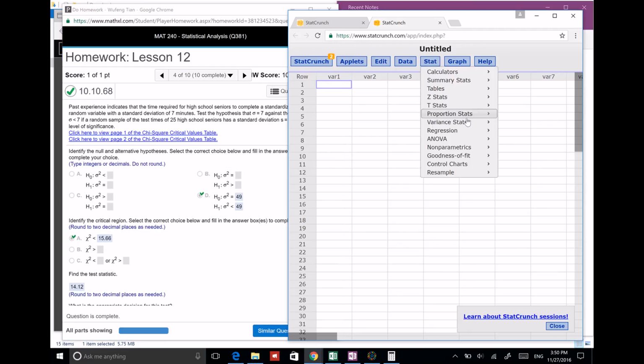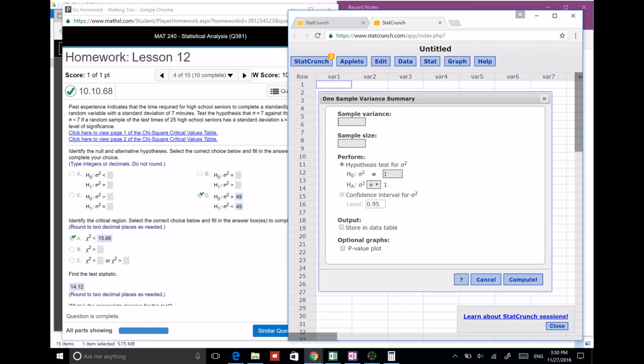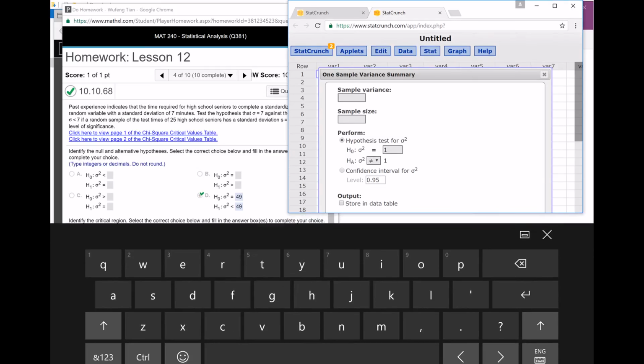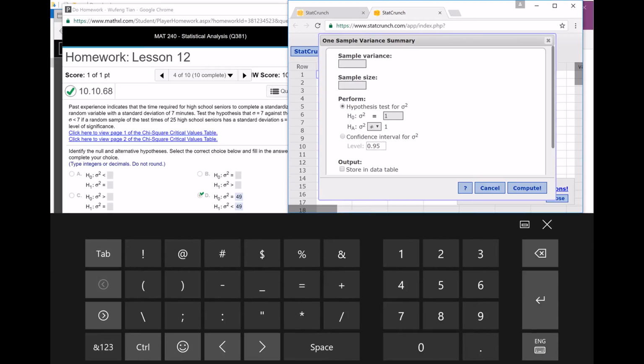What you can do, you can use the variance test, one sample with summary. Even if you don't use StatCrunch, you can use n minus 1 times s squared over sigma squared, which is the same.